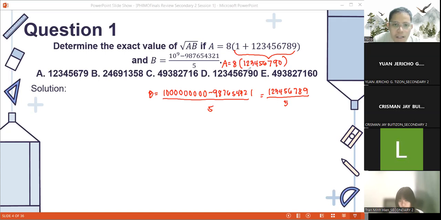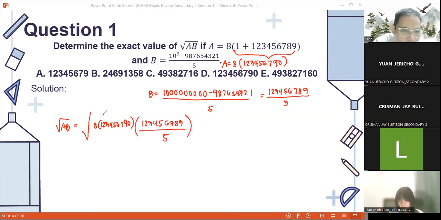Now, let's continue with the square root of AB. The square root of AB is the square root of 8 times 1,234,567,890 times 123,456,789, divided by 5.